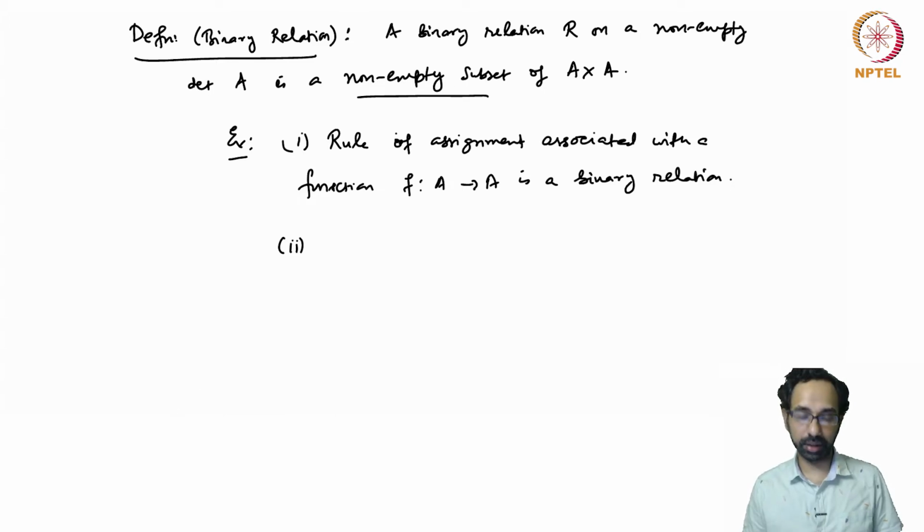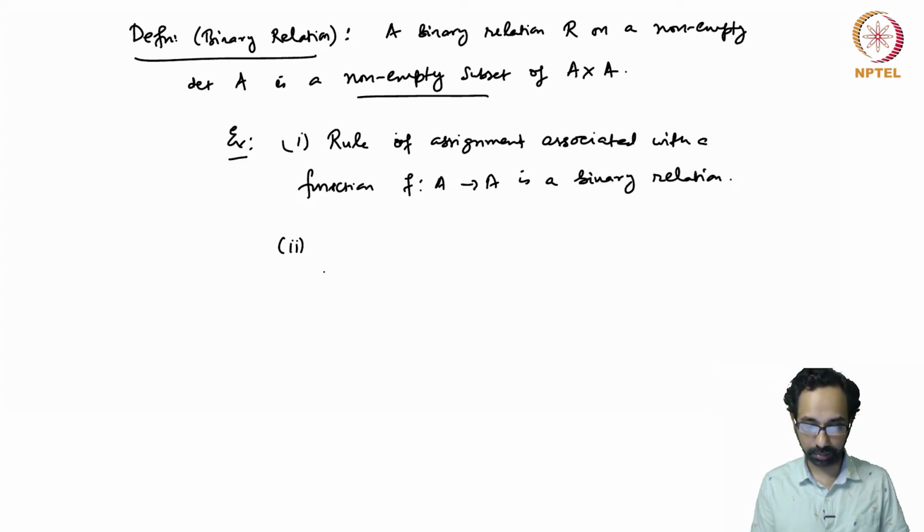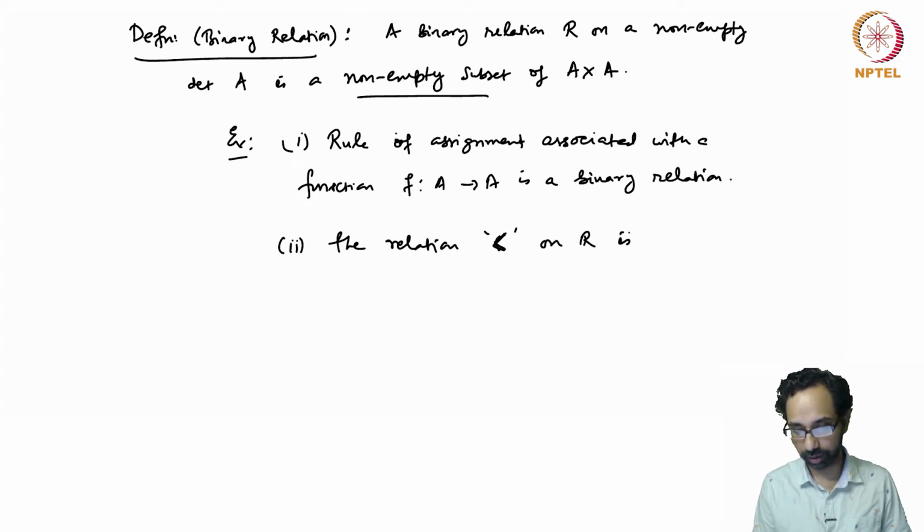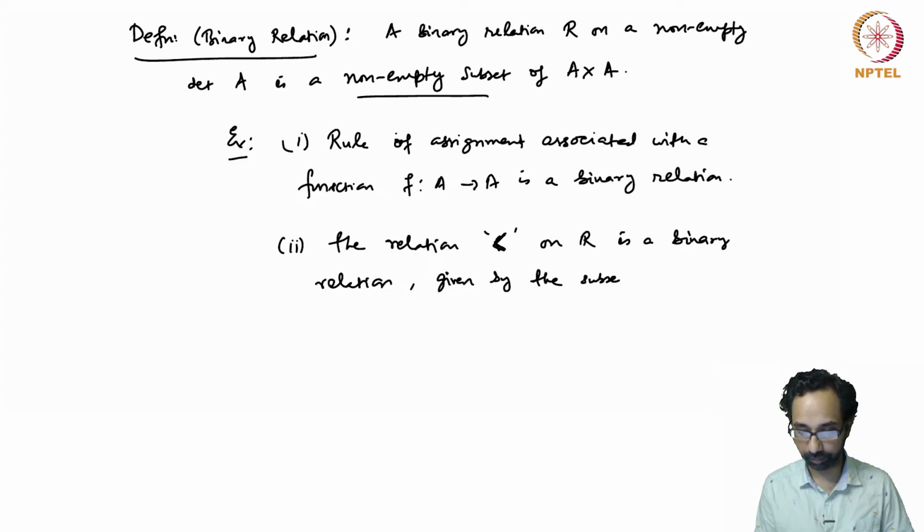So the relation strictly less than on R is a binary relation, given by the subset of pairs x and y such that x is less than y.